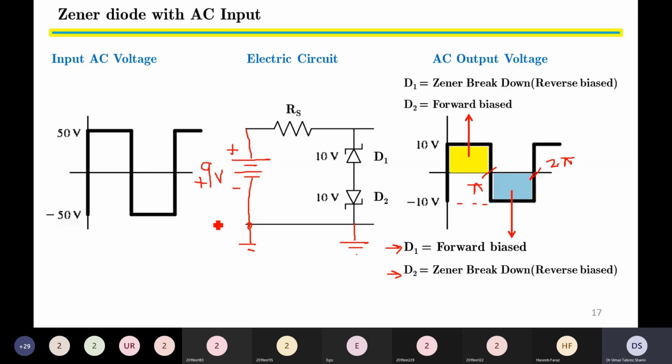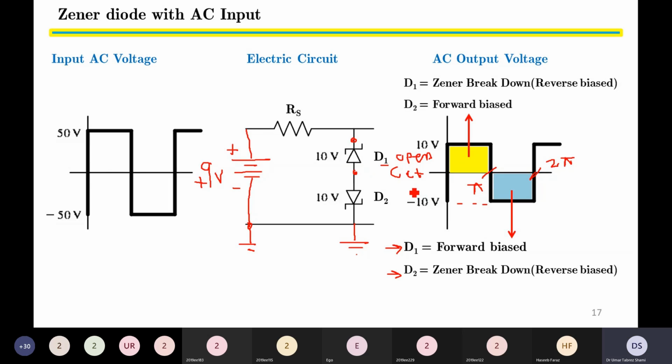So with a voltage of 9 volts, which is less than the Zener breakdown voltage of D1 and D2, this 9 volt is not enough to break down the Zener diode D1. Therefore, Zener diode D1 will be open circuit. If D1 is open circuit, then no current flows through the total circuit.